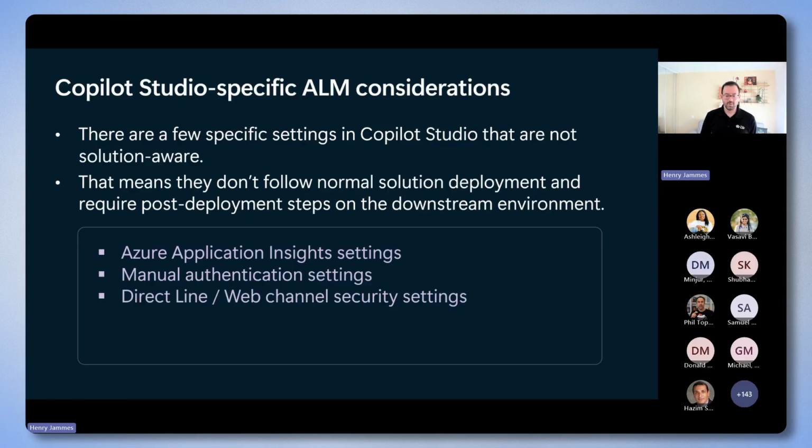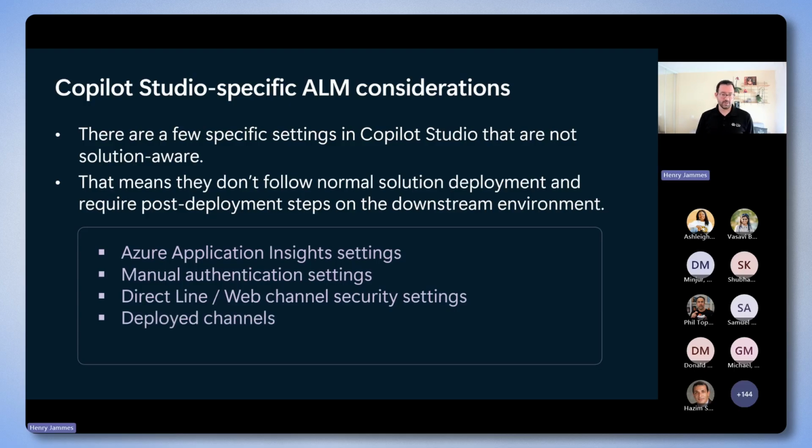Likewise, if you enable direct line, the web channel security that requires a secret in order to obtain a conversation token, that's also something that is not solution aware, and you'll have to reconfigure that option after you deploy your agent.